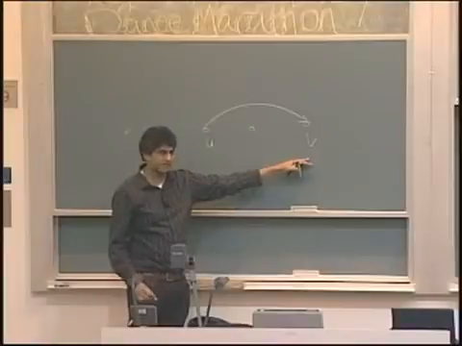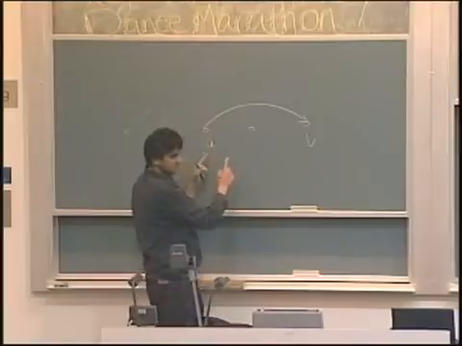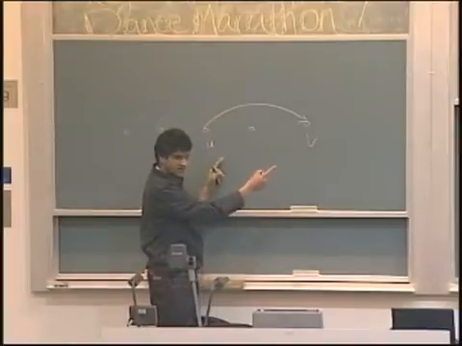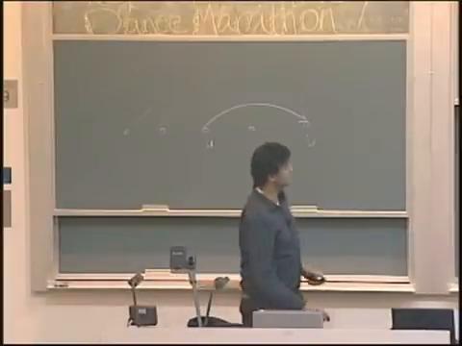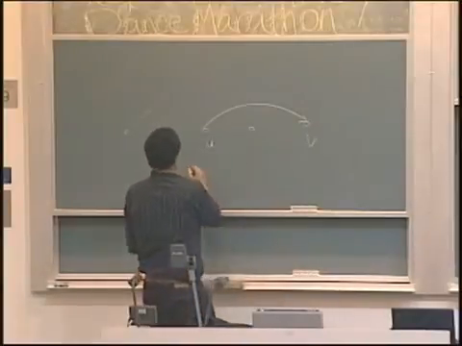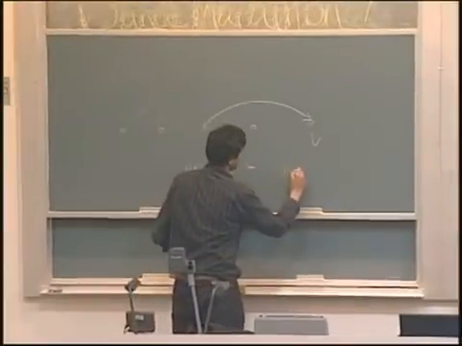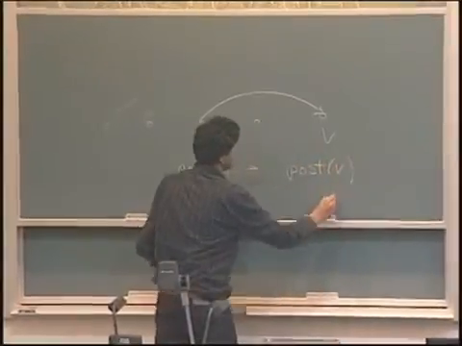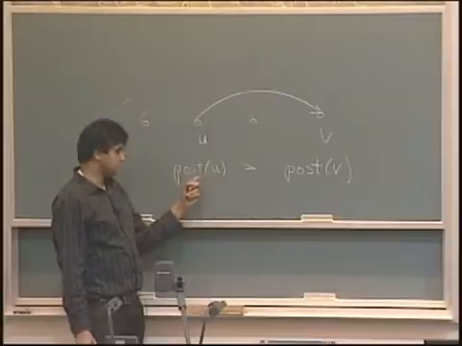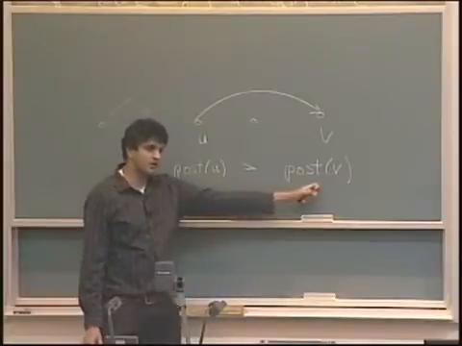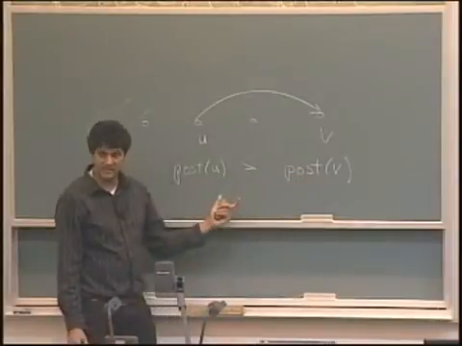That's what a topological sort means. Now there might be other edges and so on, but U needs to be before V in the topological order. So this property says that for every edge in a DAG, post of U is greater than post of V. So if we output it in an order where the bigger post order number is always before the smaller post order number, we get a topological sort.